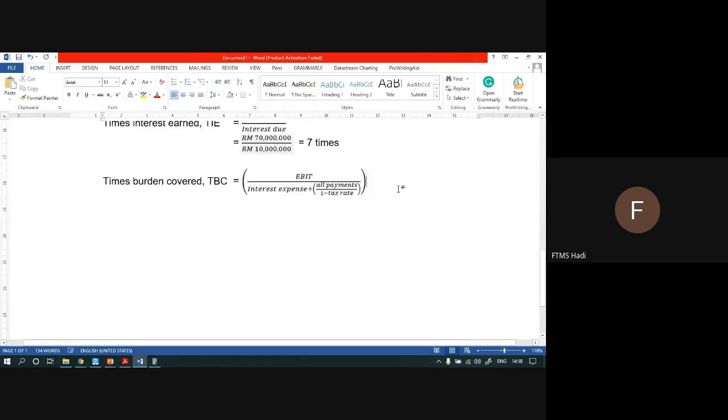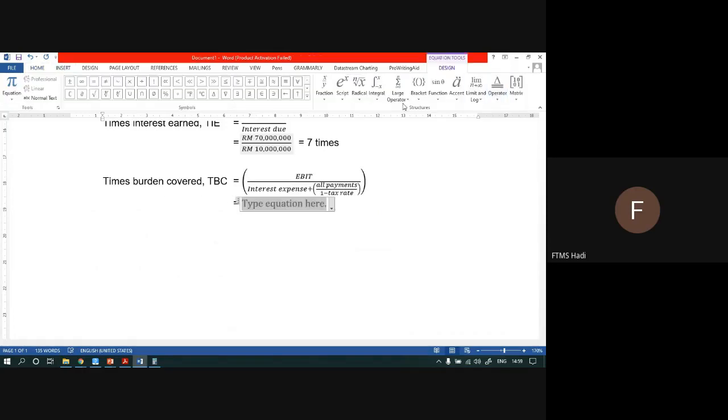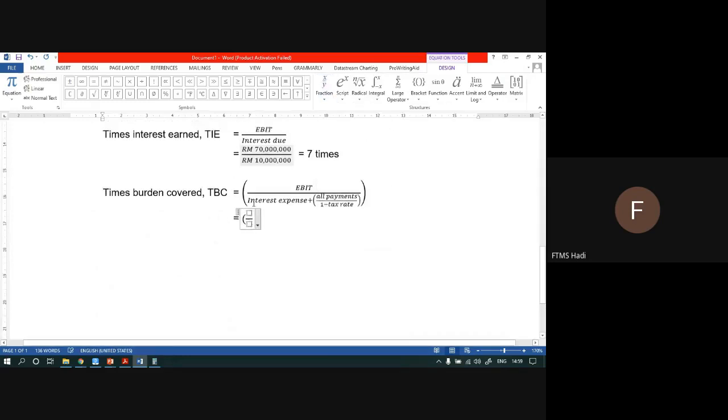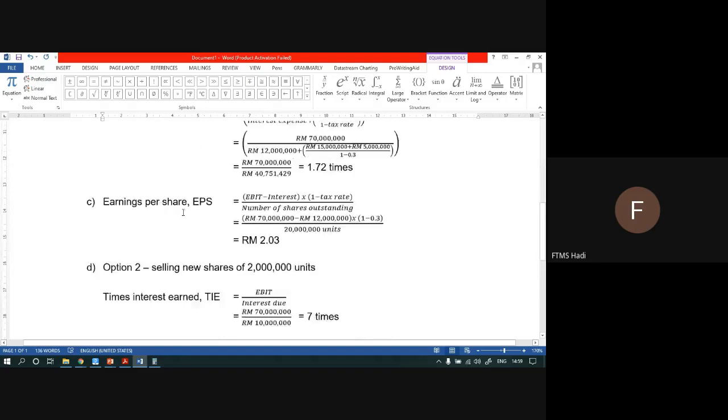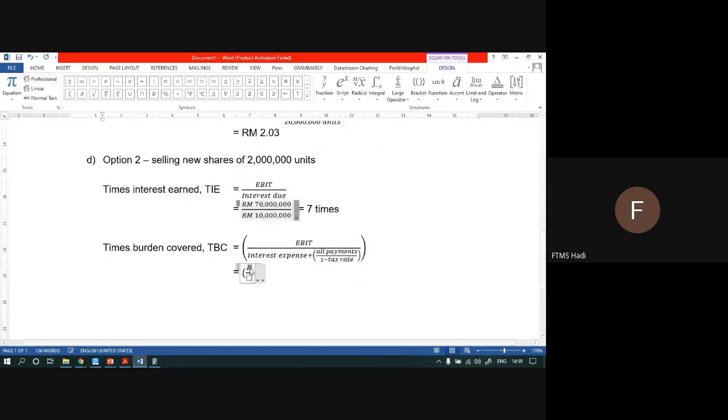Same formula, but the figure might be different. Let me show you how. EBIT is similar, which is 70 million, divided by interest expense, that means interest due. Bring it down there, 10 million.